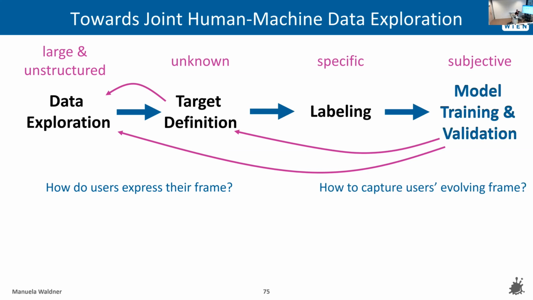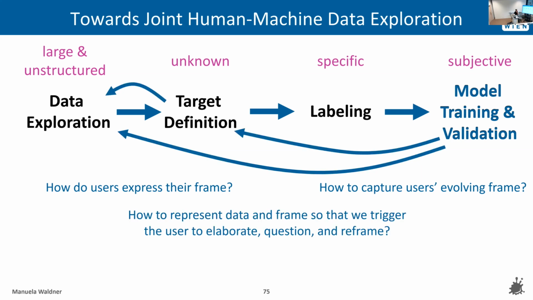And how can a machine learning model capture this evolving structure that the user is seeing? And then finally, which I find most interesting, how can we represent the data and the frames of what the user expects from the data so that we can actually trigger the user to elaborate, question, and reframe the data?